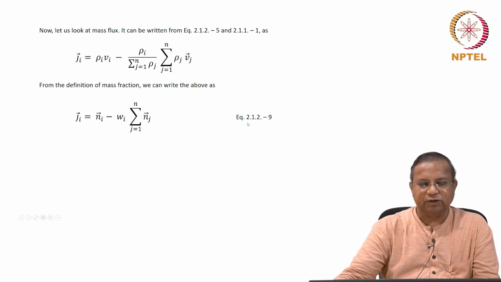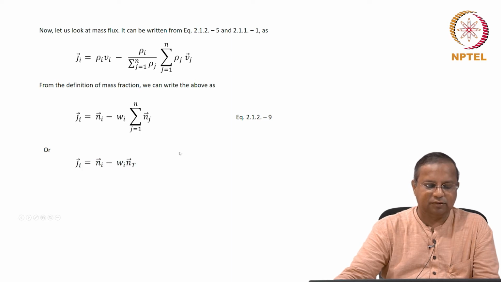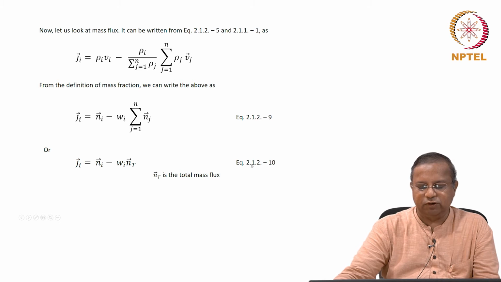We will call this equation 2.1.2-9, or Ji is nothing but Ni minus Wi times Nt. This is Nt, the total mass flux that has been written here. This is equation 2.1.2-10.